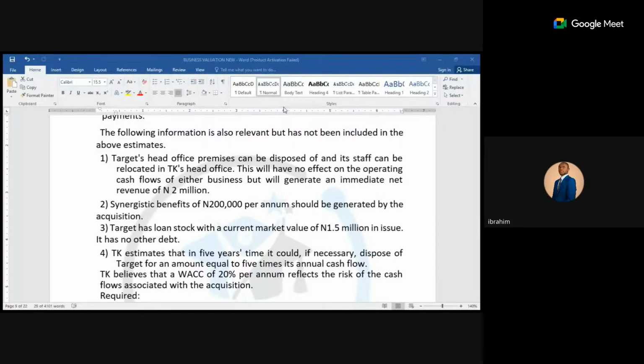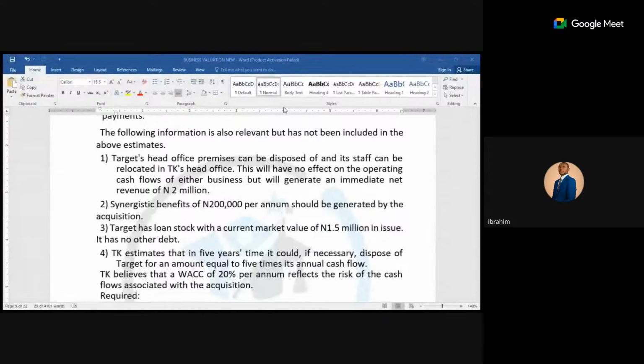TK estimates that in 5 years' time, it could, if necessary, dispose of Target. TK says, if I acquire Target, I can dispose of it for an amount equal to 5 times its annual cash flow.